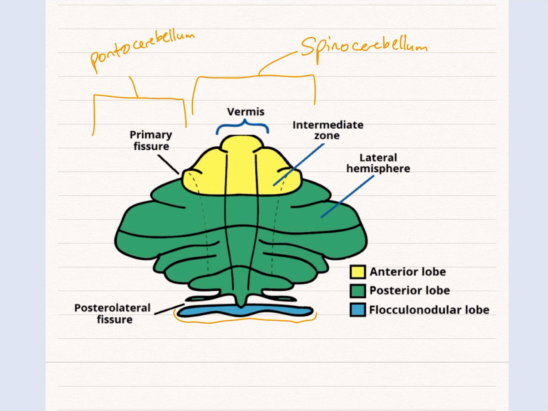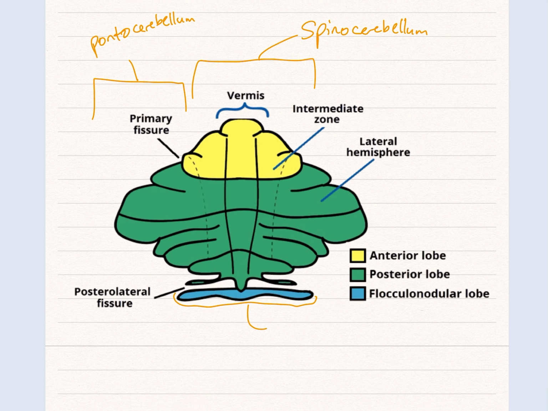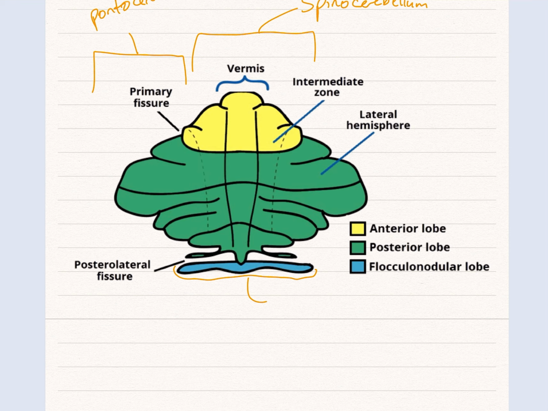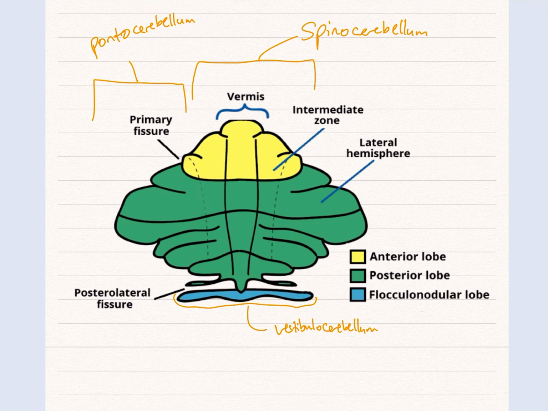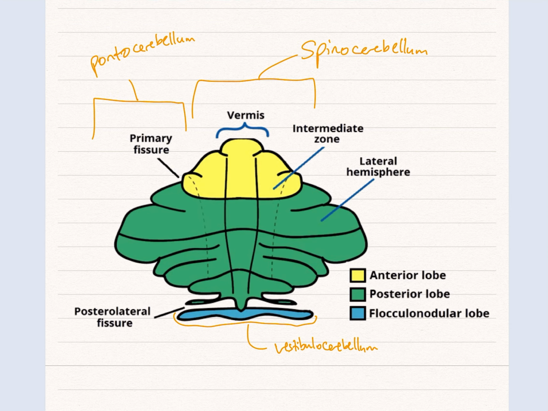Then floccular nodular is going to be the last one, which is vestibular cerebellum. Okay, so what all of these basically mean is just trying to divide up what the actual function of those different parts of the cerebellum do.